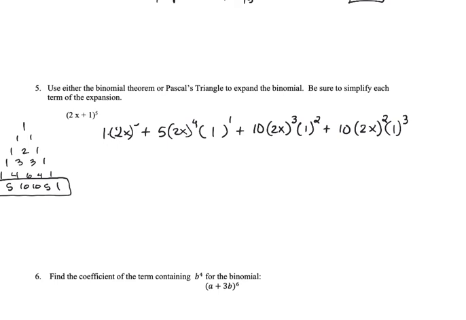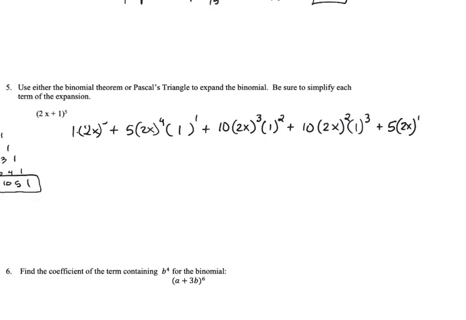Okay, the next term is going to have 5 as a coefficient. And now 2x is raised to the first power, and 1 is raised to the fourth power. And finally, the last term is going to have 1 as a coefficient.